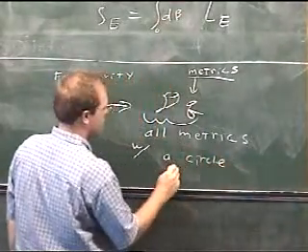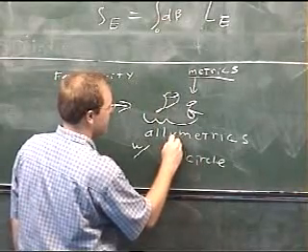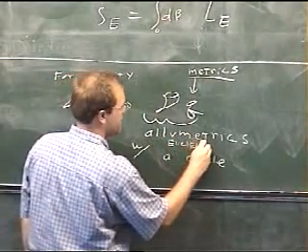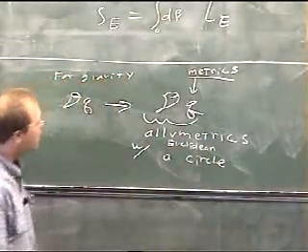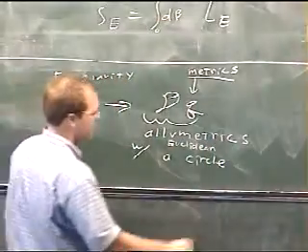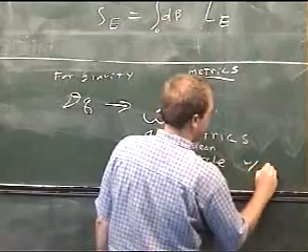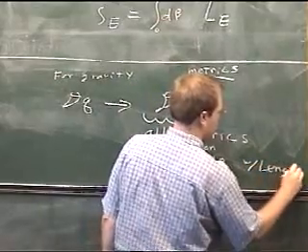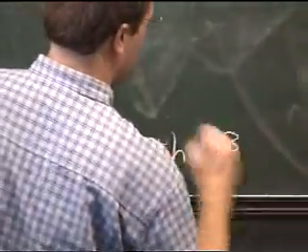Oh, and of course, this is all Euclidean metrics as opposed to Lorentzian metrics. Okay. We want all those that contain a circle of length beta.